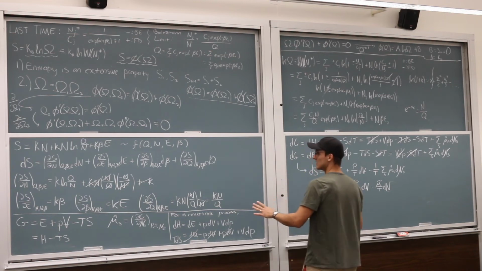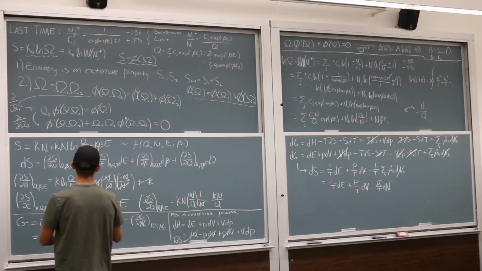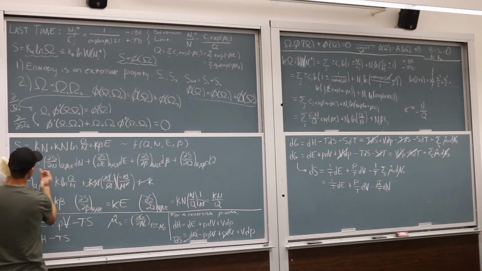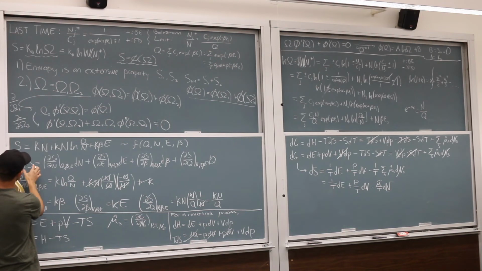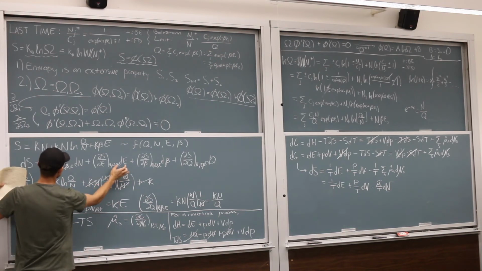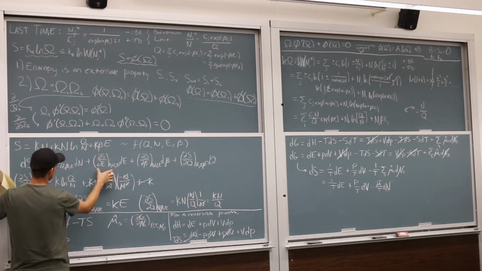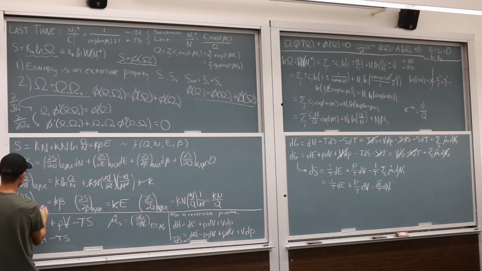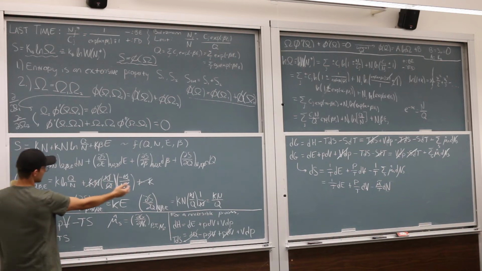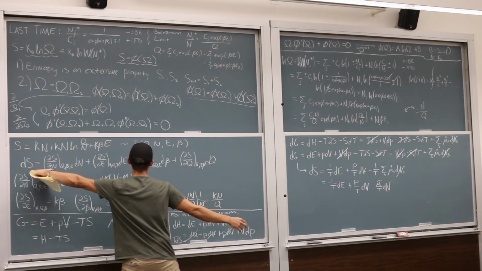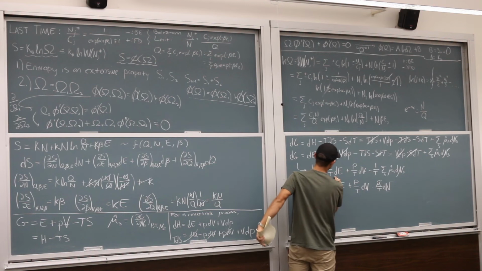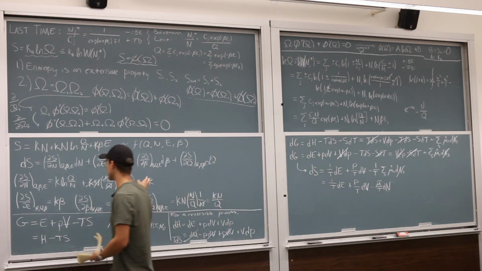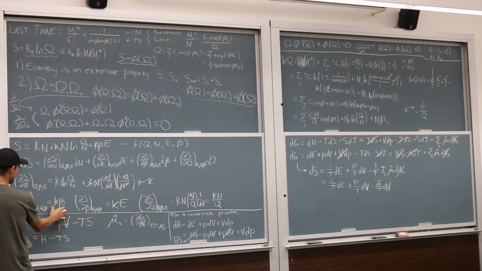So now, look, you have dS and dE. If S is a function of energy, we have this derivative with respect to E. We know that we can equate these two things. We have dS here and dS here, and the coefficient in front of dE in this case is 1 over T, and the coefficient in front of E in the other case is k beta.